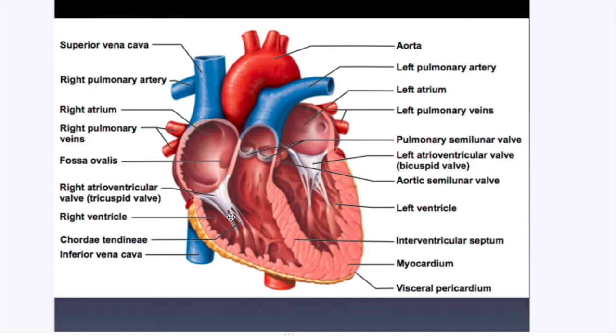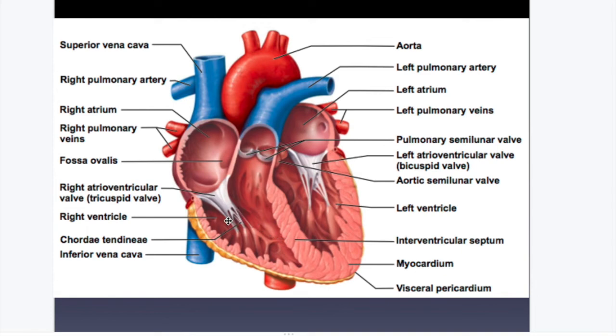Even though you can't see all 3 here, there would be 3 flaps that make up the tricuspid valve. So that's why it's a tri, because there's 3 cusps or 3 flaps. So when the atria contract, blood is going to be pumped through that valve right there into this chamber down here, which is the right ventricle.